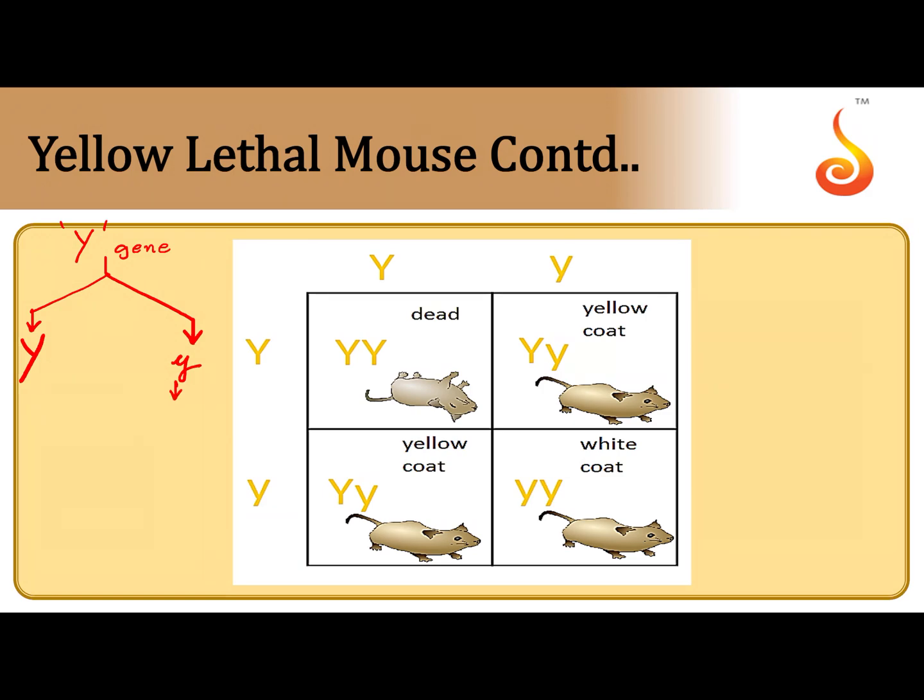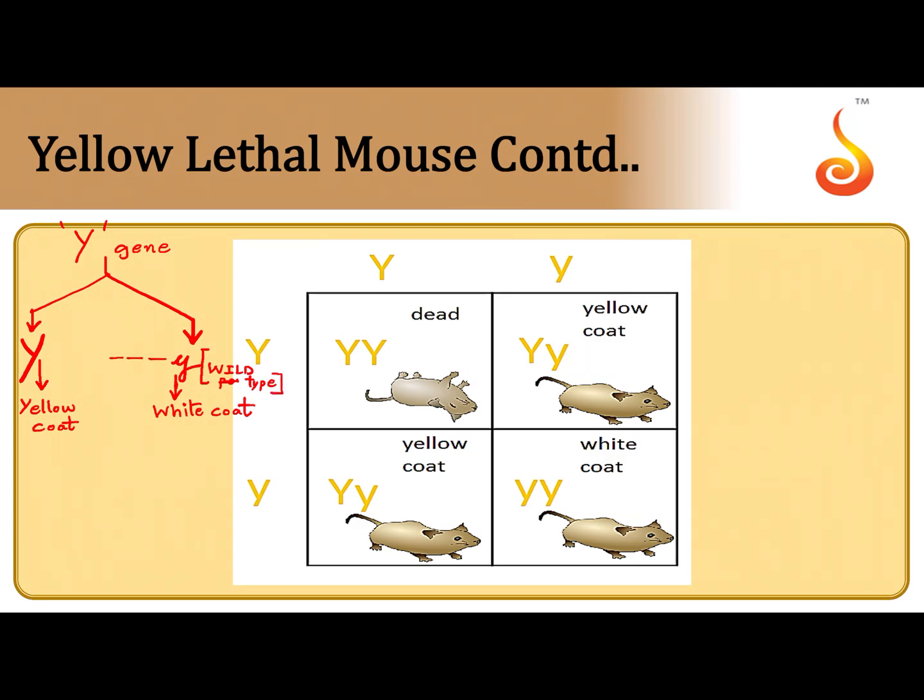Now this recessive y, as mentioned in the chart, is responsible for the white coat of the body, and the dominant Y is responsible for the yellow coat of the body. And actually the normal gene was the small y, which is considered to be the wild type, meaning it was already existing in the population.